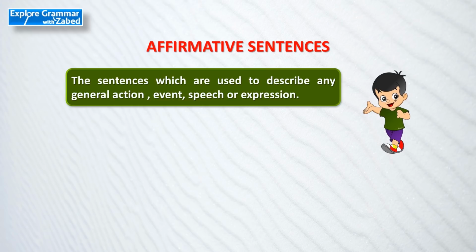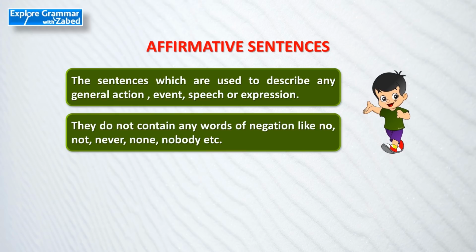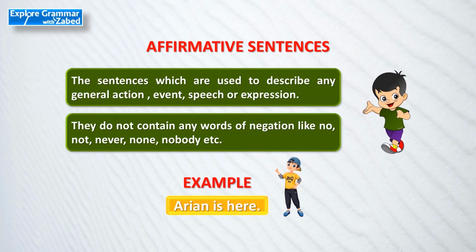These sentences do not contain any words of negation like no, not, never, none, nobody, etc. An example of affirmative sentence is Aryan is here. Take a note. No words of negation like not, never, nobody, etc. has been used in the sentence.